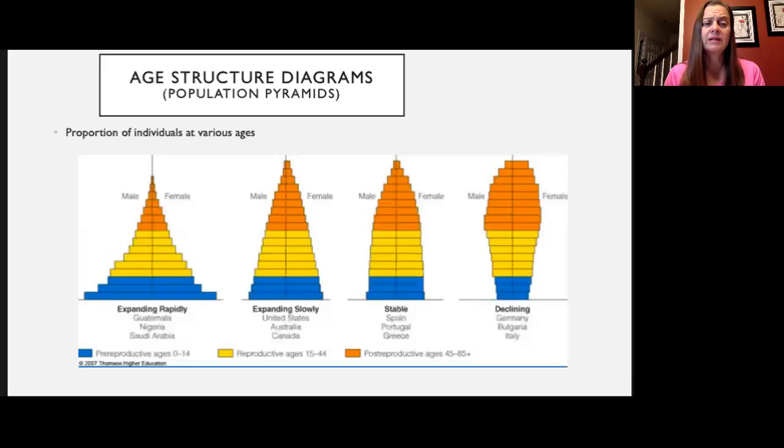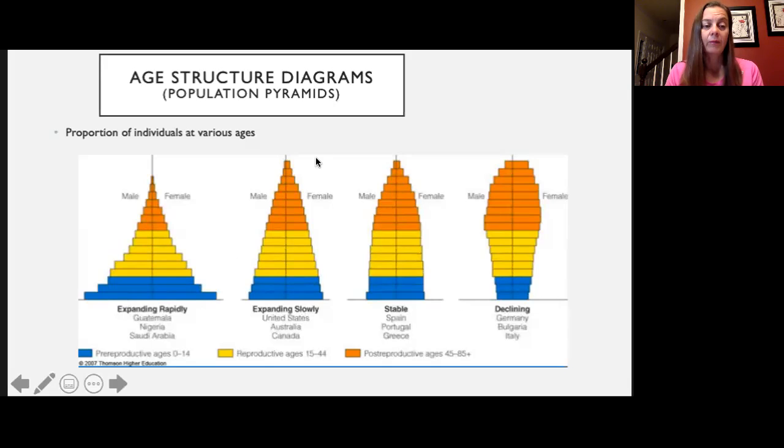So let's take a look at some of these age structure diagrams. Again, they're showing the proportion of individuals at various ages. Generally speaking, here on our x-axis, we'll have a percentage. Every now and then it will be actual raw numbers.